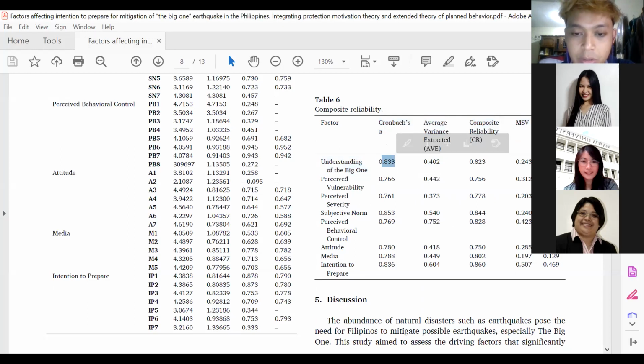Okay, let me demonstrate it to everyone. I always keep the file. Let's say this one, U1 until U7.